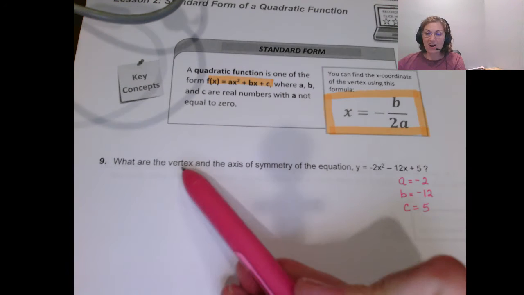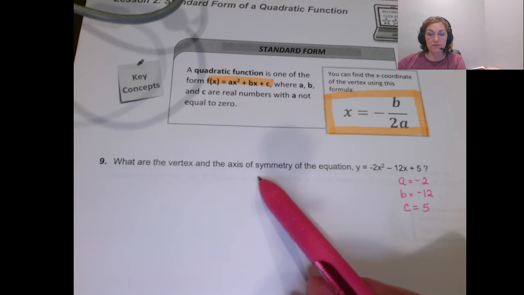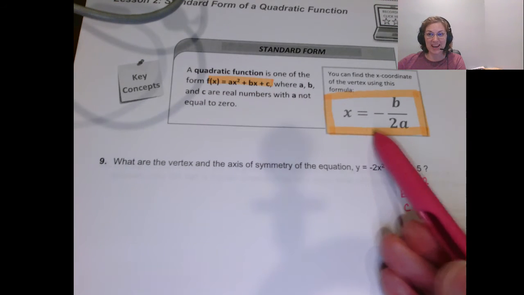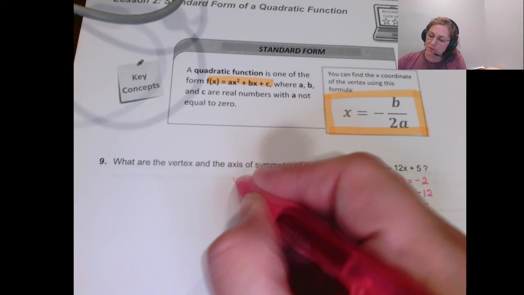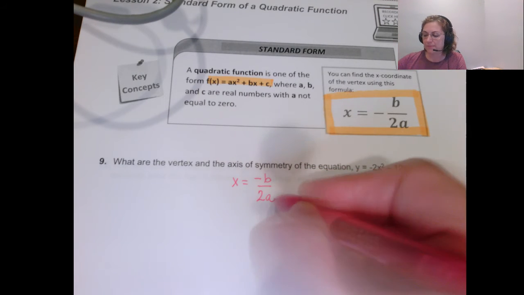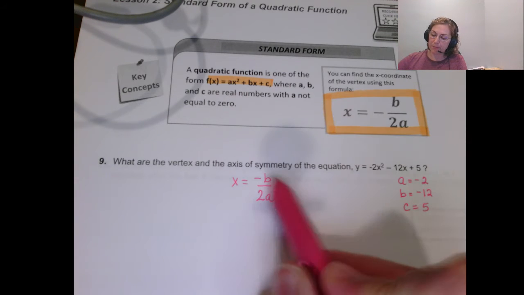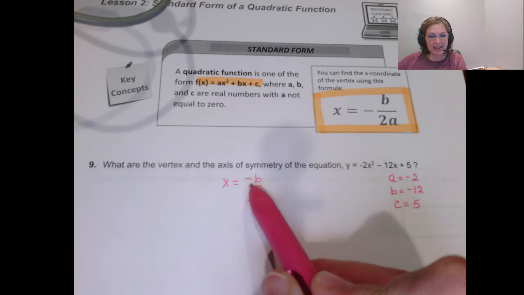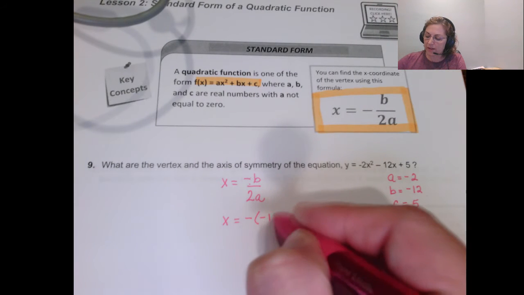So while we are asked for the vertex first, we're going to have to find the axis of symmetry first because it's the first half of the vertex. So we'll look at the axis of symmetry by finding -b over 2a. We'll substitute in -12 for b, but there's already a negative there. So we're going to have -(-12).